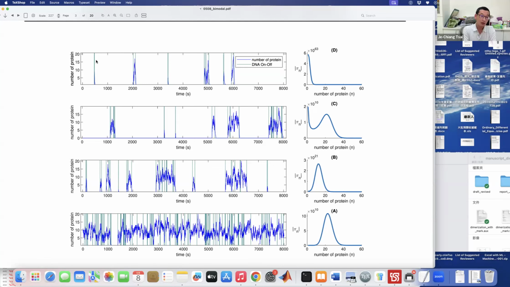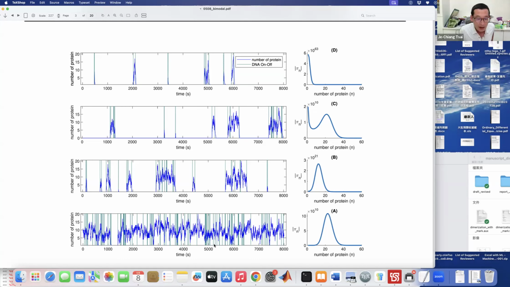If you have very few gene activity, then the DNA will always be in the inactive state. So very few proteins are translated. You can expect that this should be a monotone decreasing state distribution.